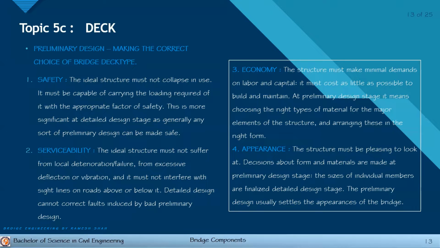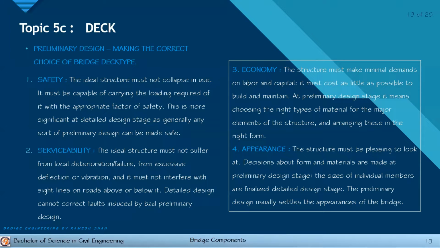So number 4, for the appearance, the structure must be pleasing to look at. Decision about forms and materials are made at preliminary design stage. The sizes of the individual members are finalized at detailed design stage. The preliminary design usually settles the appearance of the bridges. So dito din, ang daming nagaganap sa preliminary design stage, no?